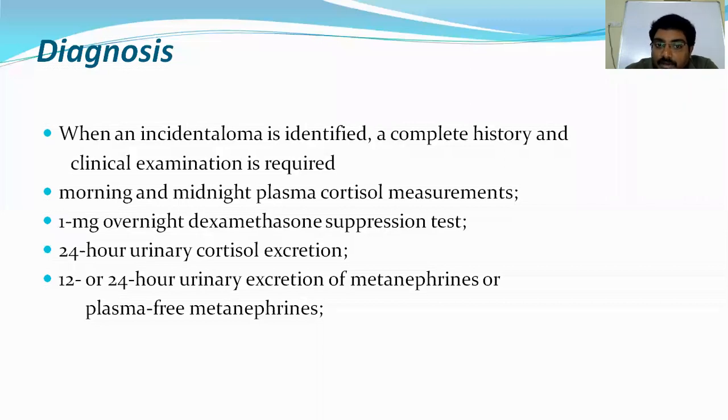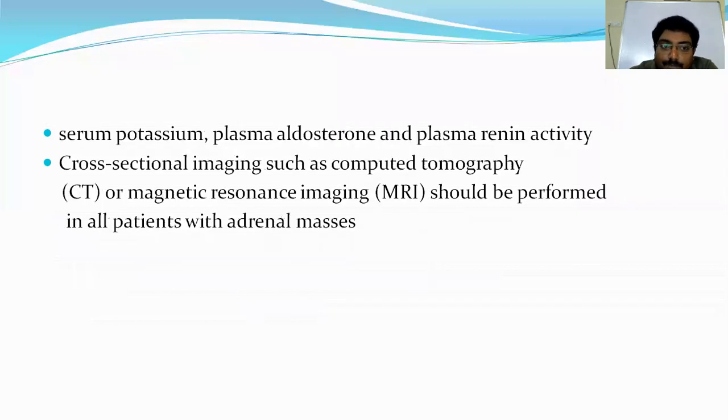Morning and midnight plasma cortisol measurements, a 1 milligram overnight dexamethasone suppression test, 24 hour urine cortisol excretion, and 12 to 24 hour urine excretion of metanephrines or plasma free metanephrines. Also serum potassium, plasma aldosterone and plasma renin activity, and CT and MRI are performed for all adrenal mass incidentalomas.